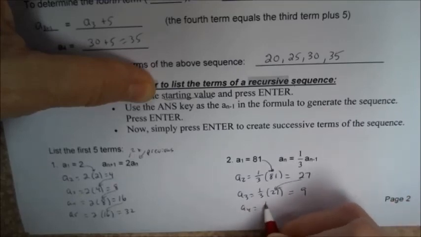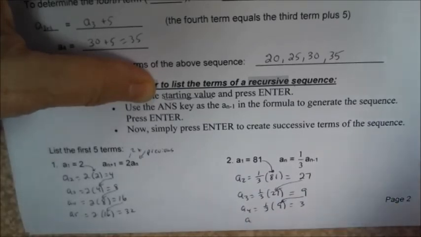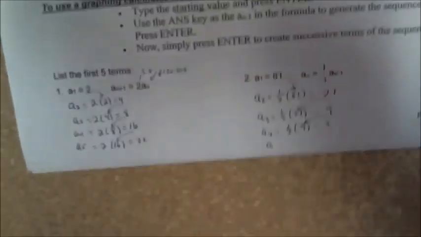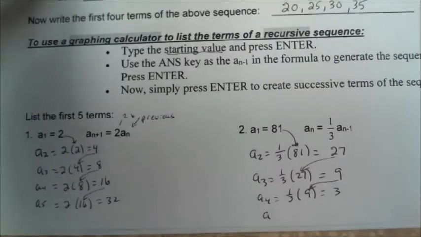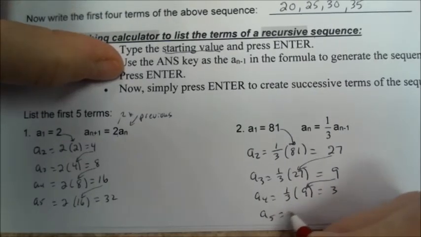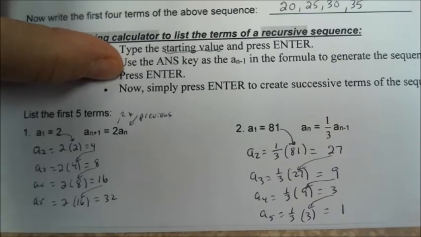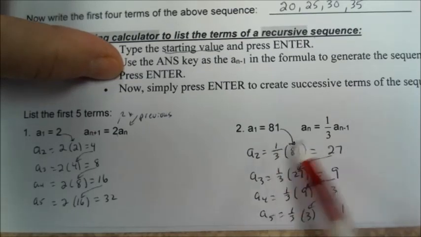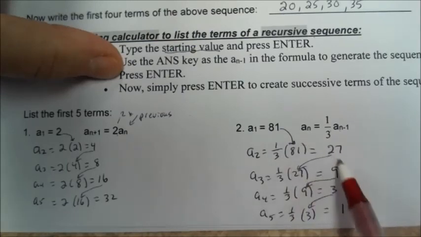The fourth term is a third of the previous term, which is 3. And the fifth term, hopefully you can see this okay, is 1/3 of the previous term, which is 1. So this definition just says take 1/3 of the previous term. So you just keep on using the previous term in your definition.